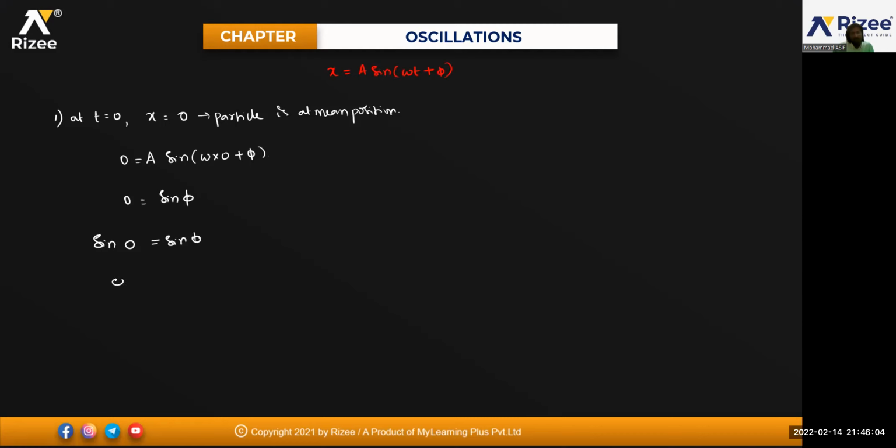That means phi value will be equal to 0 or phi value will be equal to 180 degrees, that is pi. So I can take phi as 0. So it will become x is equal to A into sine omega t. Clear, beta?